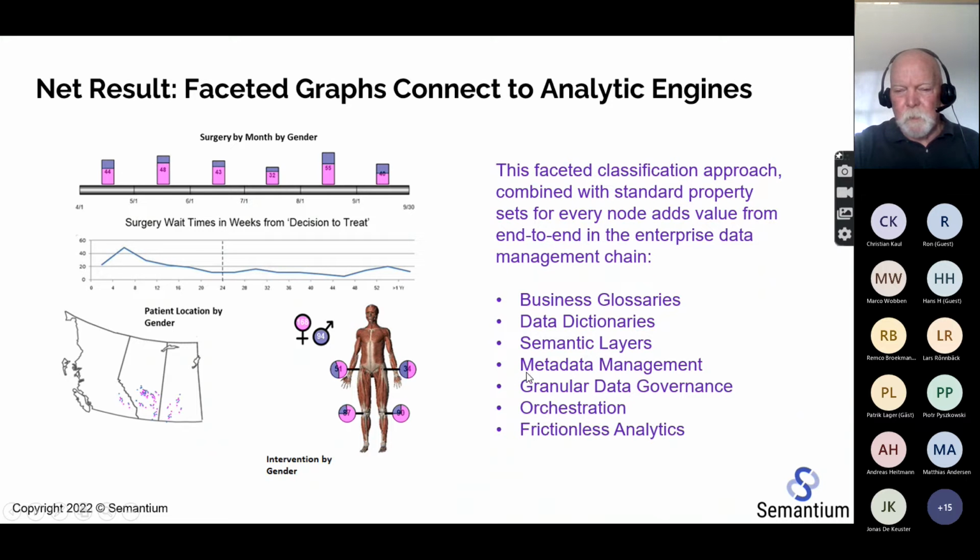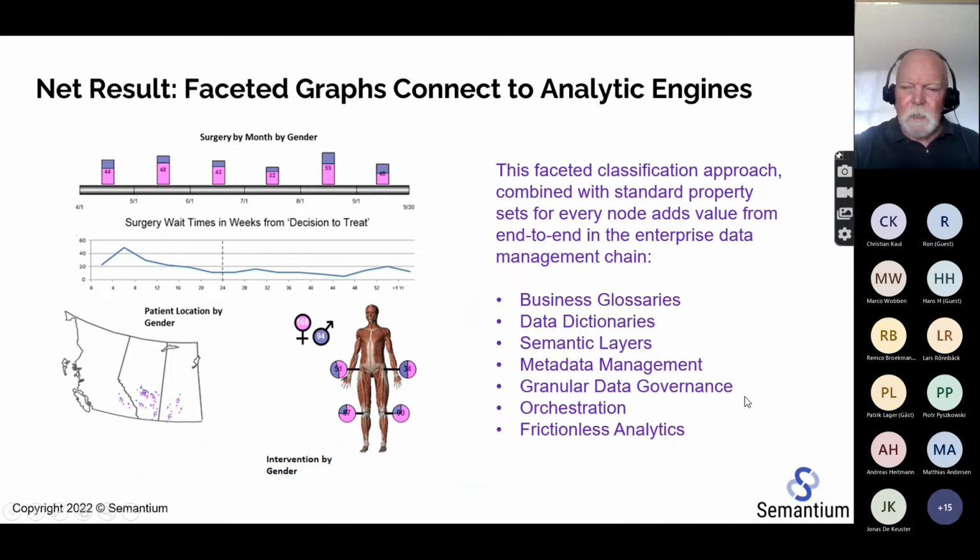But with this, because you're reusing it, you're simply connecting a node in an existing business glossary or a data dictionary, or say a master data, to a value on a piece of content. The net result is, because all of these facets are mutually exclusive, you can slice and dice content, files, and documents exactly the same way you slice and dice business intelligence.